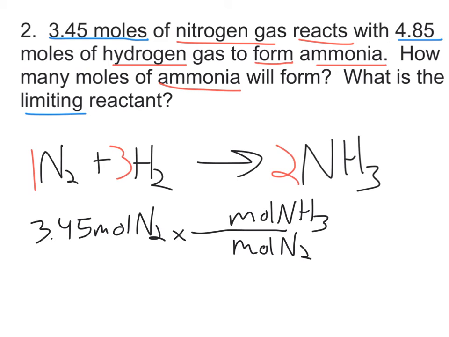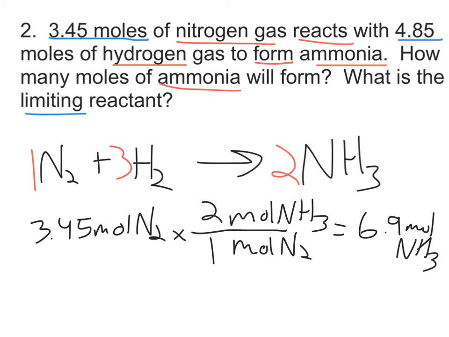Now the numbers, again, for moles on bottom and moles on top, come from my balanced chemical equation. N2 had a 1 in front of it. NH3 had a 2 in front of it. Okay. 3.45 times 2 divided by 1 should give you 6.9 moles NH3.